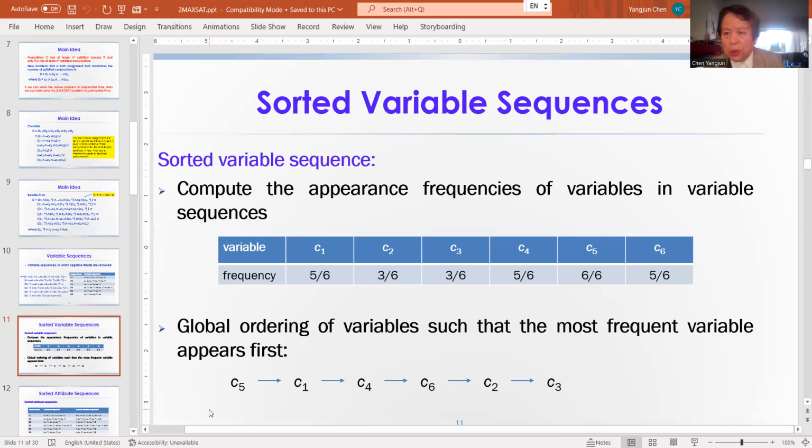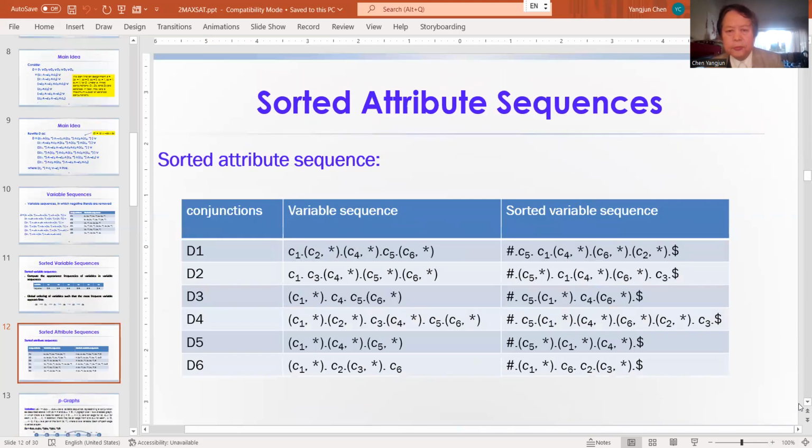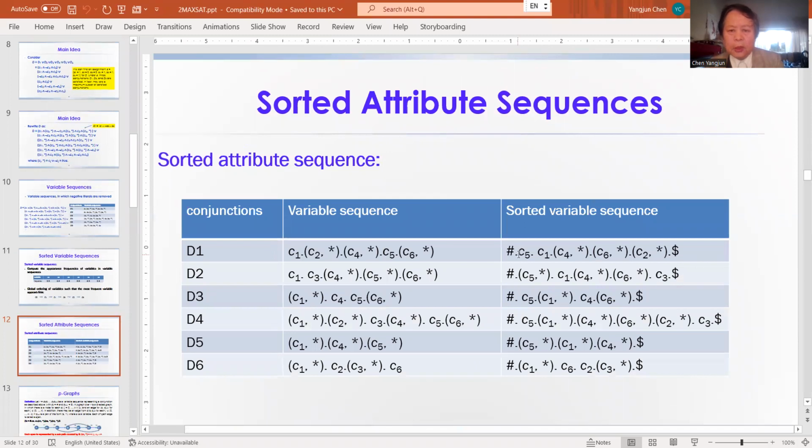It is because the appearance frequency of this variable is the highest. Then we can sort all the variable sequences according to this globally imposed ordering of variables. But here, a start symbol and an end symbol are used for technical convenience.